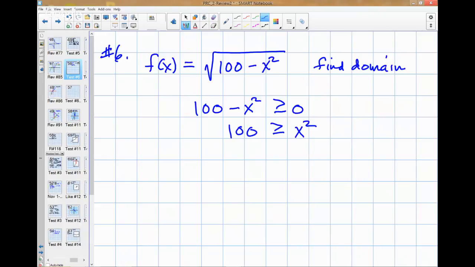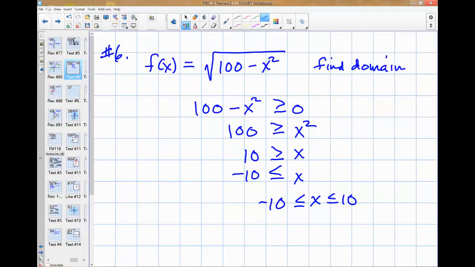And then when we take the square root, you could write the answer like this.